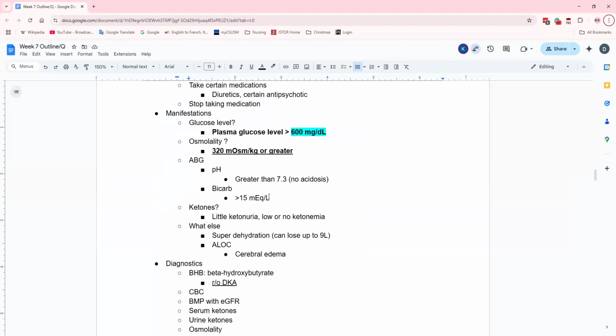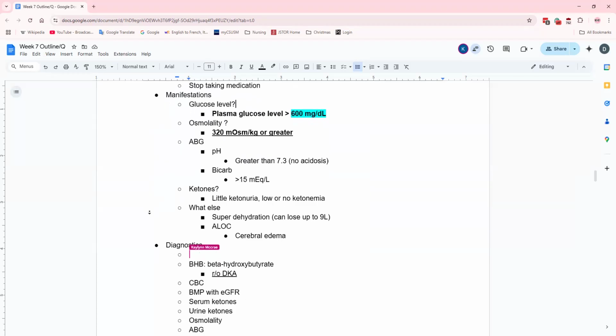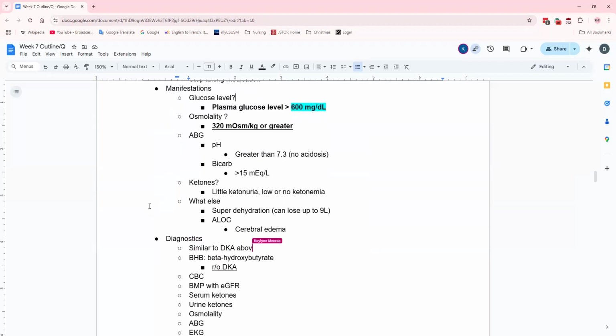I wrote it on the next part, so similar to DKA above; you can refer back to that section at the top. BHB helps look for ketones, to rule out DKA in this case.